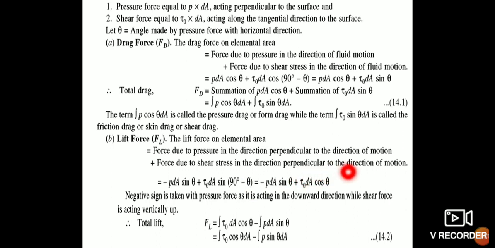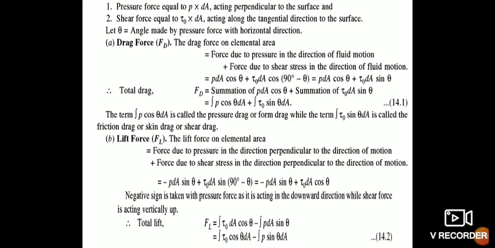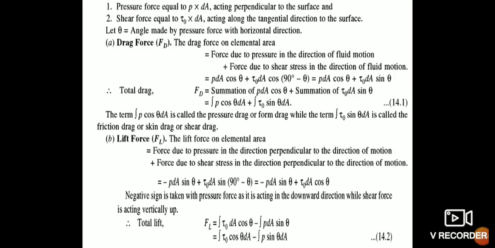But PdA sin theta is coming in the downward direction, therefore the minus sign is there. If you see the figure, PdA sin theta is acting in the vertical downward direction, therefore it is negative.